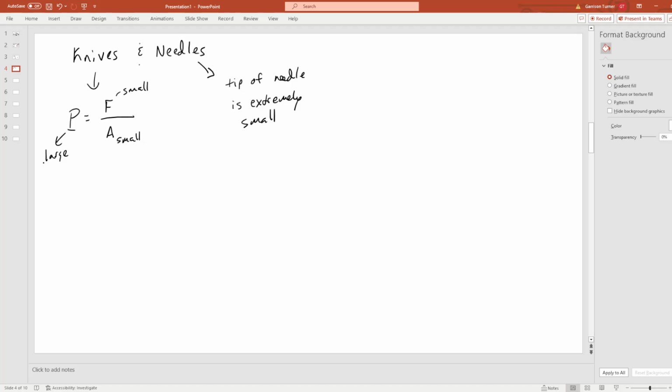And again, it just comes right back to this: even if your force is small, if your area is sufficiently small, then you can still exert large pressures. Okay, so that is just a little bit of an introduction to pressure.